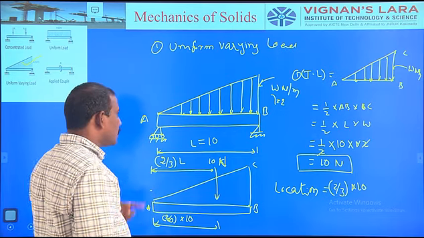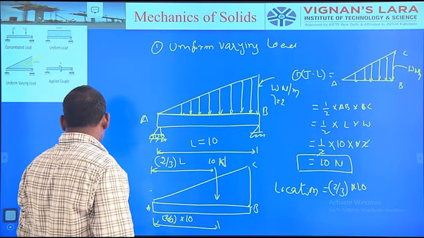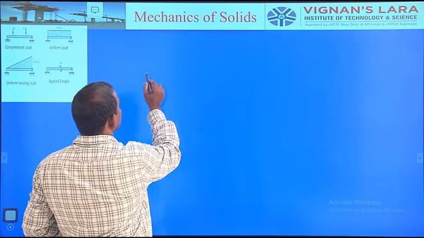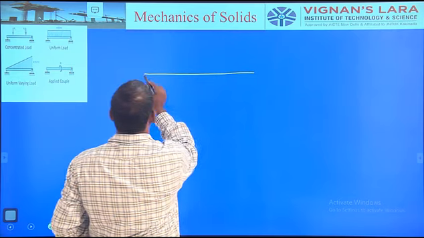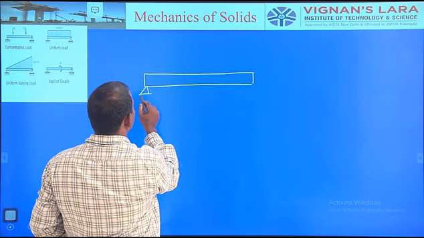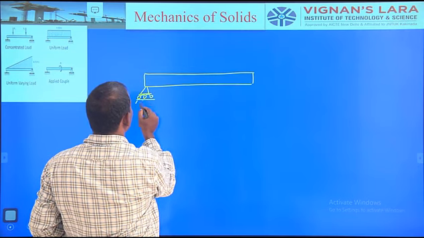For better understanding, let us take one more example. Say that is the same one. So this is a simply supported beam again, right? One of its ends, as we know, is with a roller support.